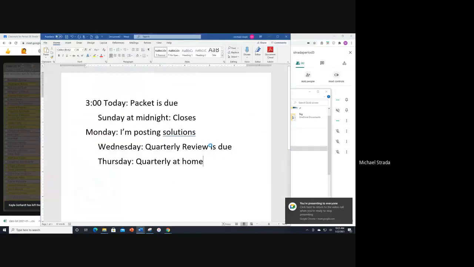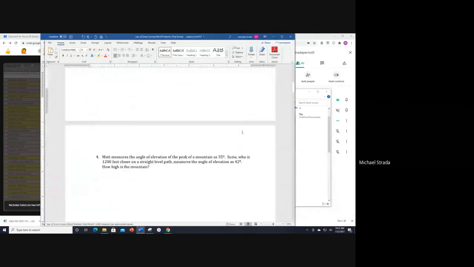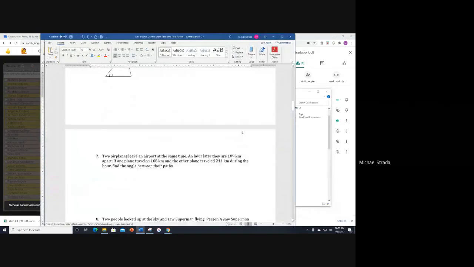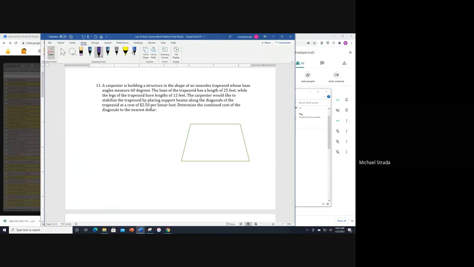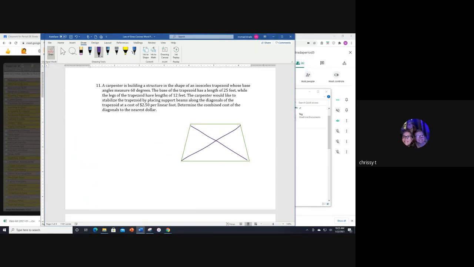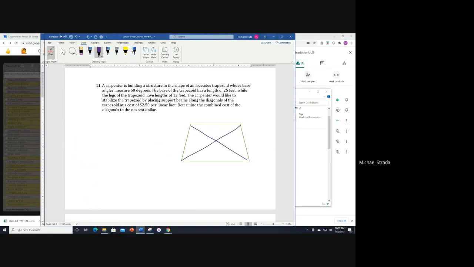So it's the isosceles trapezoid one, correct? Yes, number 11. What you're trying to find is those lengths, which are the diagonals.